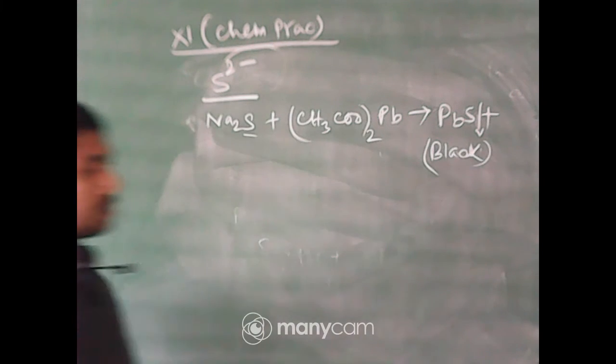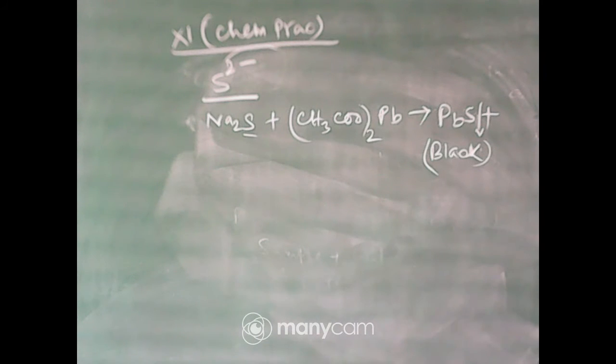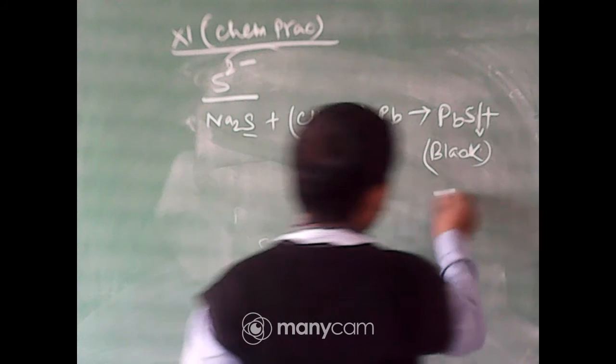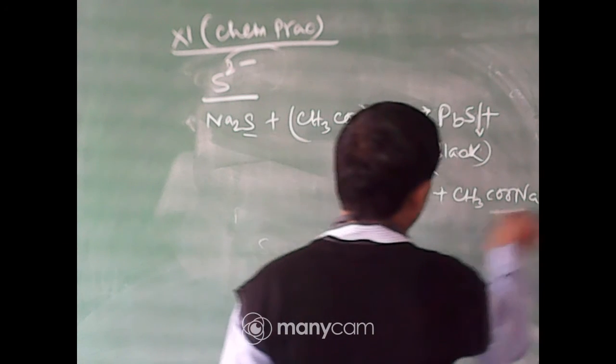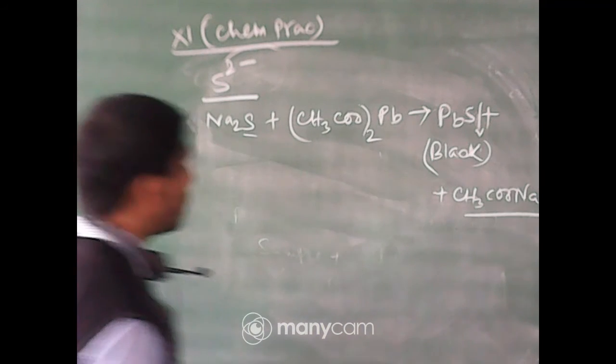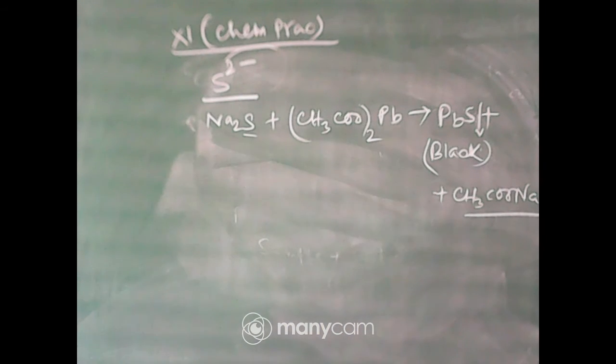This PPT is black. So, the PPT formed is lead sulphide and the salt formed is sodium acetate, CH3COONa. Okay. So, this is the chemical reaction involved in this.